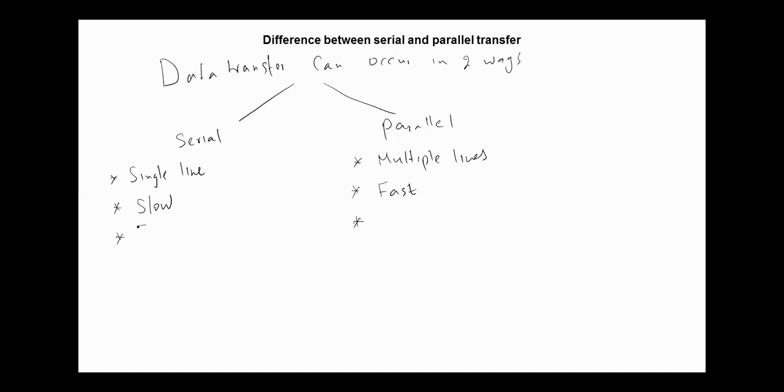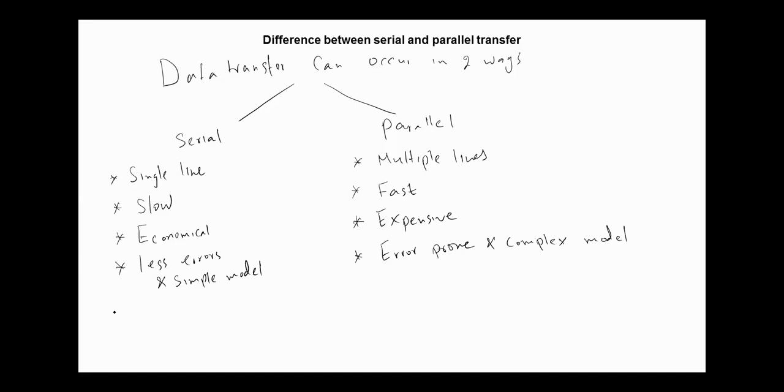Serial transfer is economical. Parallel is expensive. In serial, usually we have fewer errors and the model is simple, while in parallel we have error prone and complex model.